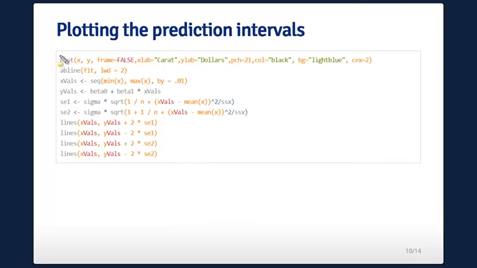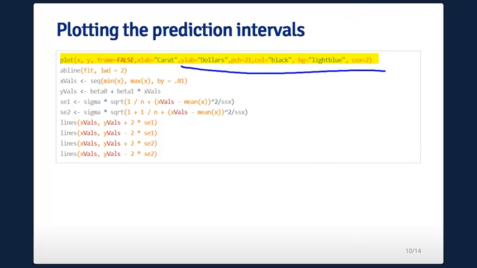So here I'm generating a plot of my x and y's, and I have all my little settings I like there. I'm going to add a fitted regression line. Here's my x values that I want to predict at, and my y values that are my predictions, beta naught plus beta 1 x. Remember, I defined beta naught and beta 1 previously.